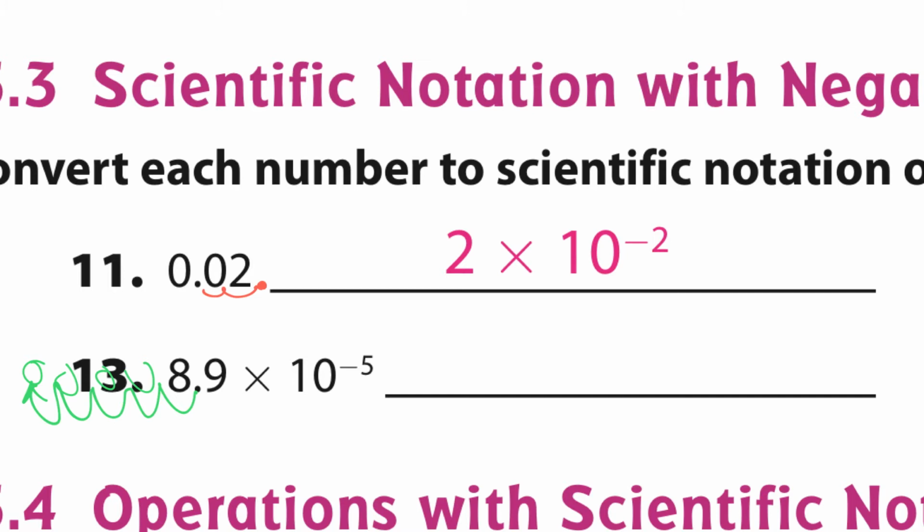So 1, 2, 3, 4 zeros, but the decimal actually belongs there, and there you go.